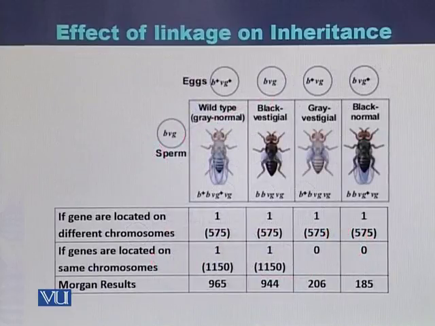If we compare what ratio Morgan obtained as a result of the test cross: if the two genes for the gray color and the normal wings are located on different chromosomes, the ratio between these flies should be 1, 1, 1 and 1.